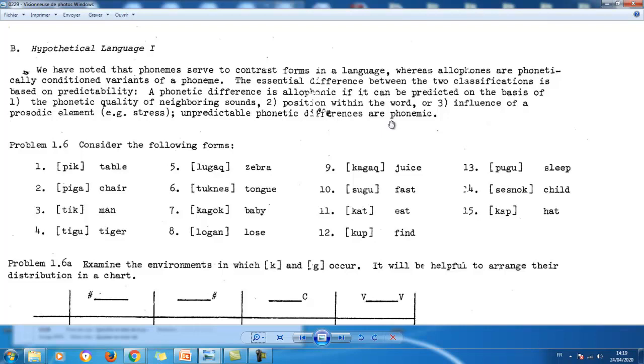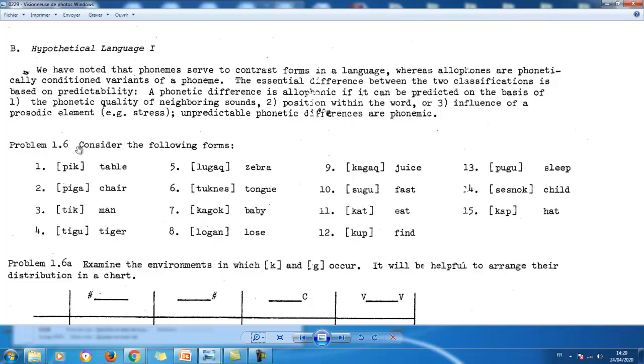There is no rule on which we can base this judgment, because instead of k we can have f to obtain fat, we can obtain m to obtain mat, and so on and so forth here. When something cannot be predicted by a certain rule, this is something phonemic here. So unpredictable phonetic differences are phonemic.